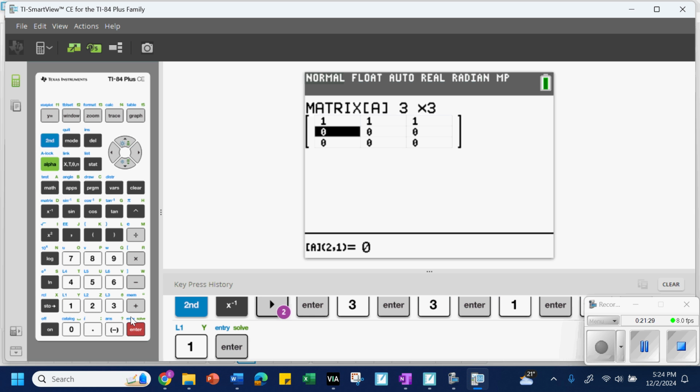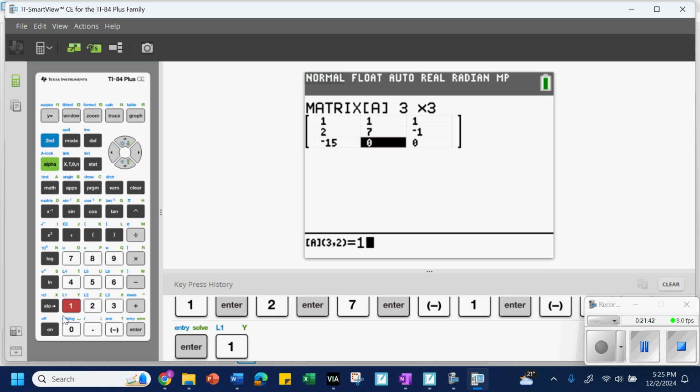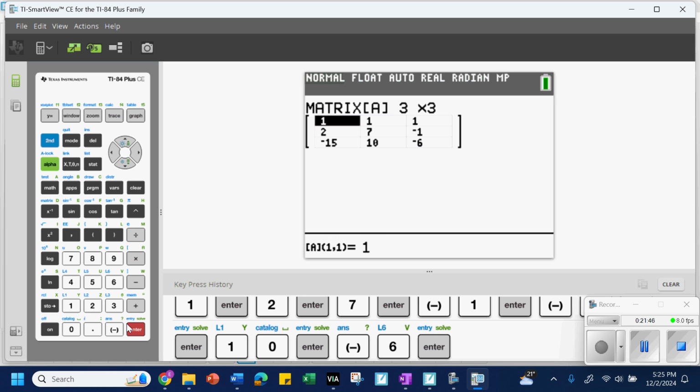Our second row, we have 2, 7, and negative 1. And then our last row, we have a negative 15, a 10, and a negative 6. And make sure and hit the enter key after that.